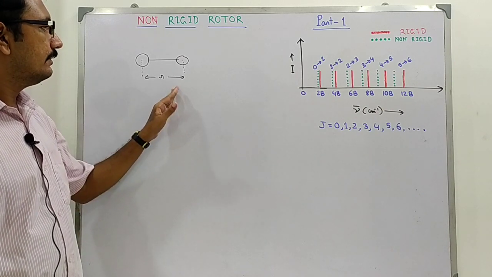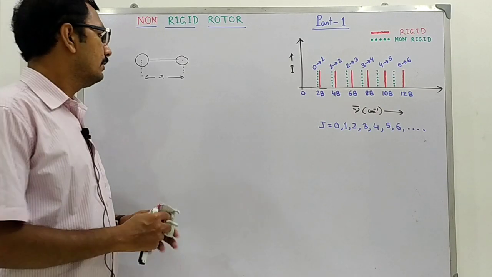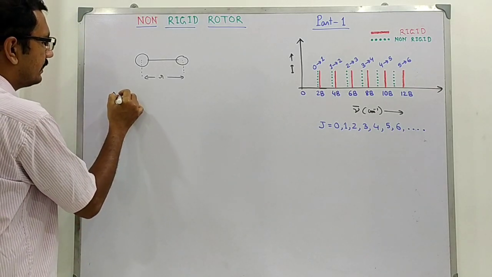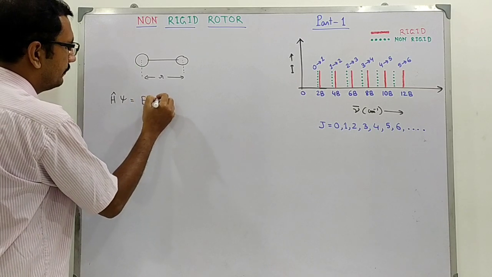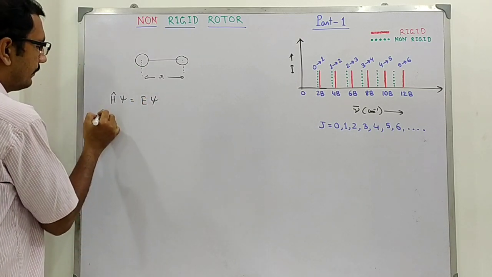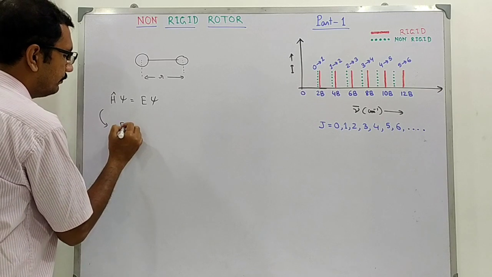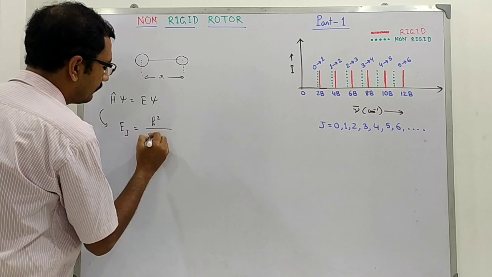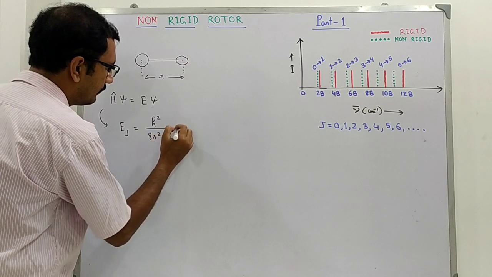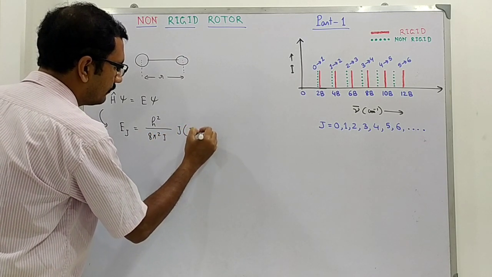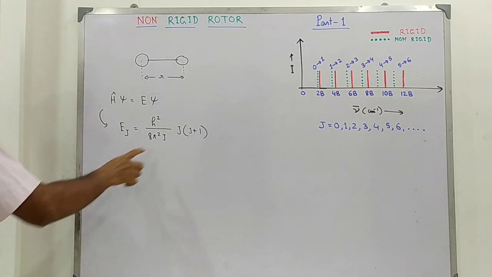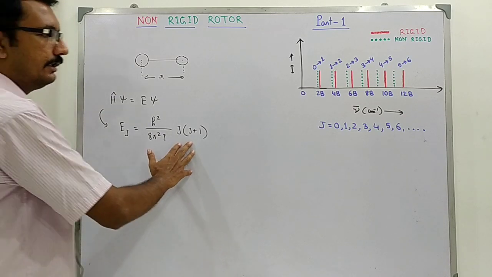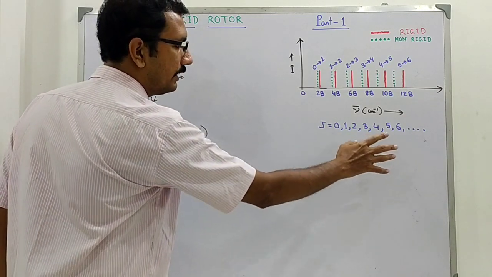Now for that rigid rotor, after solution of the Schrodinger equation, we have obtained the energy levels to look like h square upon 8 pi square I, j into j plus 1, where j is the rotational quantum number and it can take the values 0, 1, 2, 3 and so on.